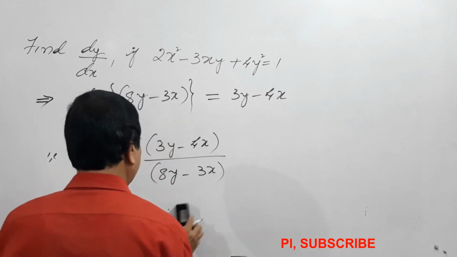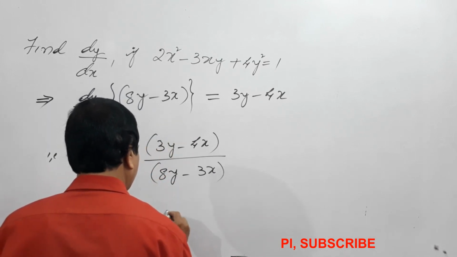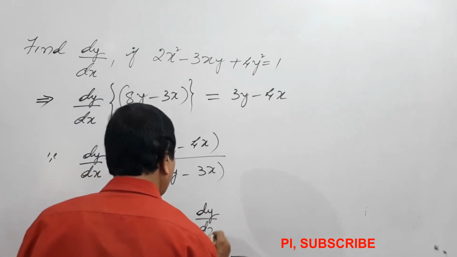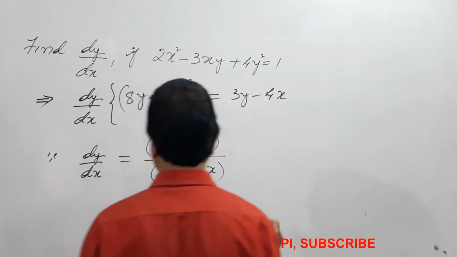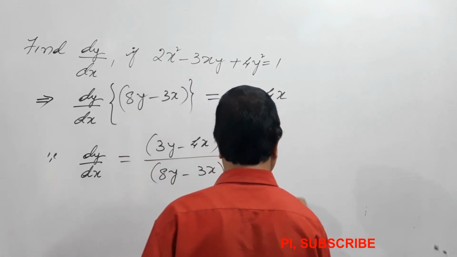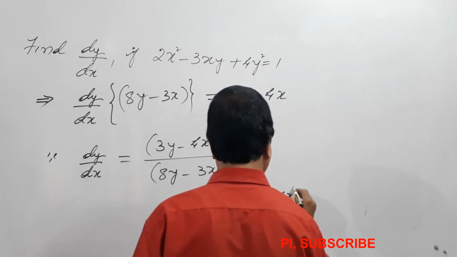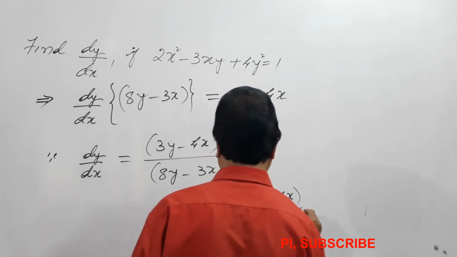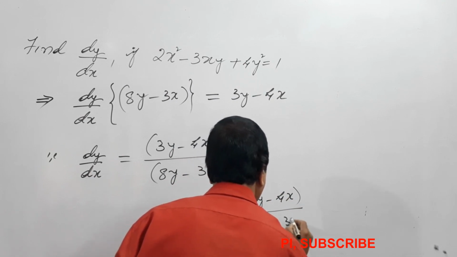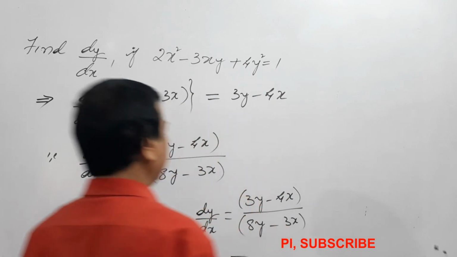Therefore, dy by dx equals 3y minus 4x divided by 8y minus 3x.